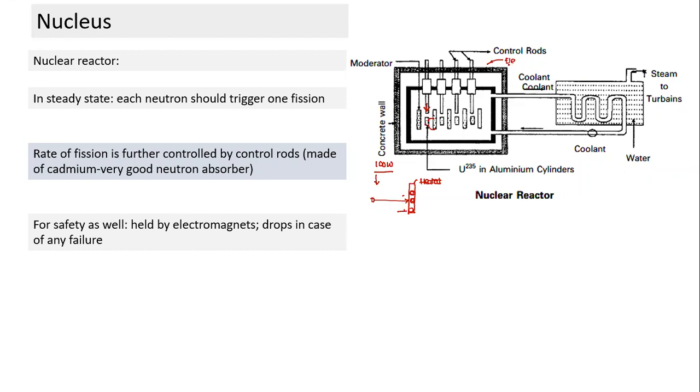What happens if there's a failure and electricity is not working anymore? Then all the control systems will stop functioning. So to make sure it is in a safe condition, if electricity fails, these control rods are held in position using electromagnets. If electricity fails, the electromagnet also gets deactivated, the control rod will fall and bring the nuclear reaction to a stop. So this also is a safety measure.